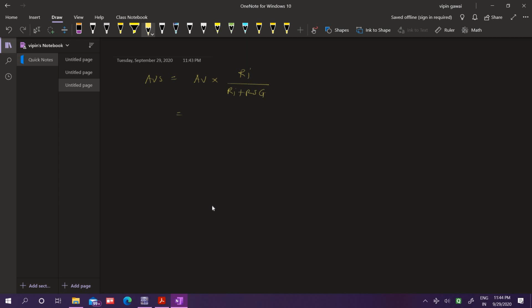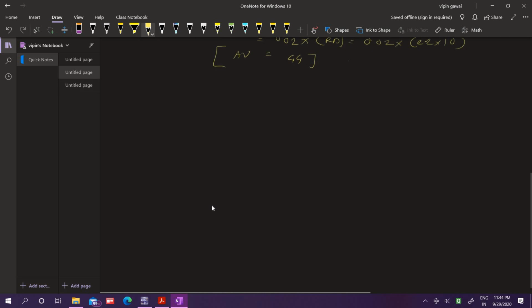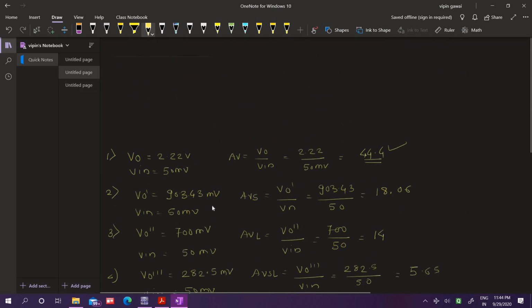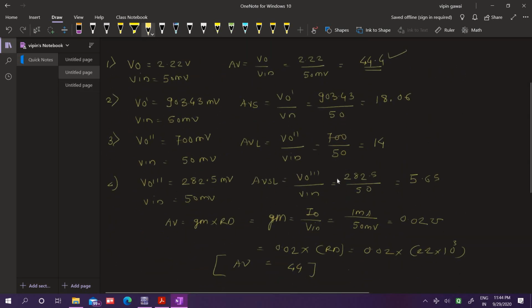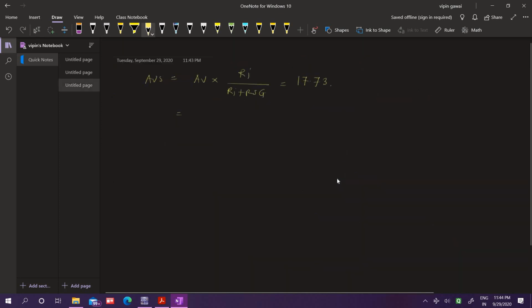Simply put the values in the equation, and the value is 17.73. In the previous page we calculated this value as 18.6, and now we are getting 17.73, so it will be approximately equal.